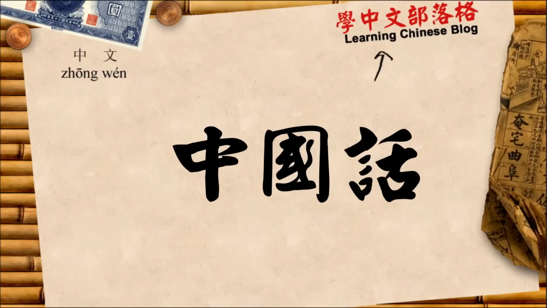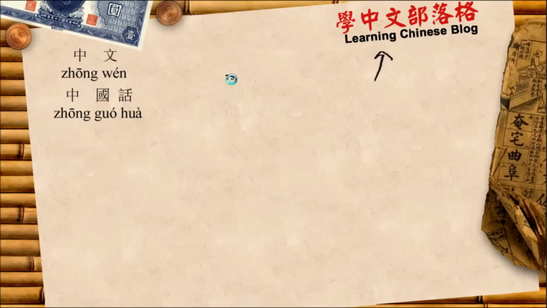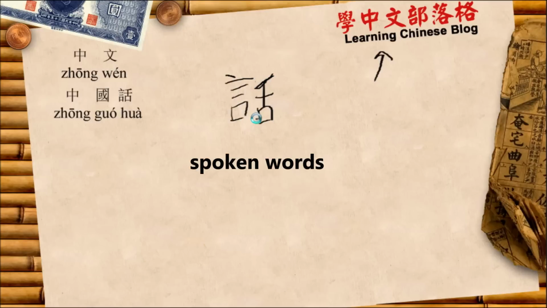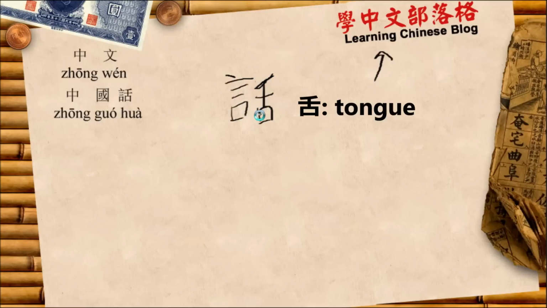After that, we have a different version of this. This is 中国话. This one is only referring to the spoken words. This character at the end here is 话, and it means spoken, because it's the words that your tongue says.